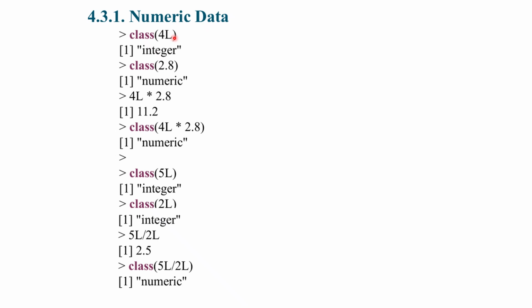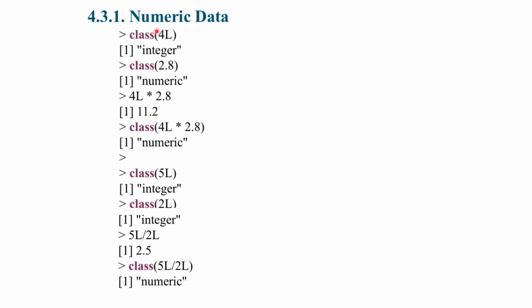Like in C and Python, we directly use the number, which is represented as an integer. But in R, if we are declaring an integer number, we have to use L along with that number. Then only it will be considered an integer number.